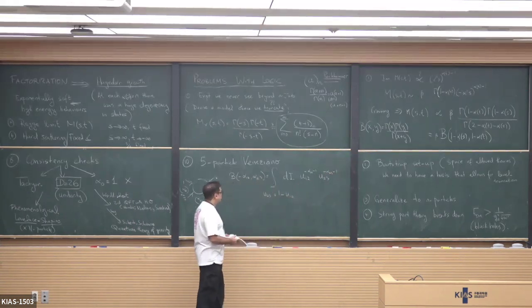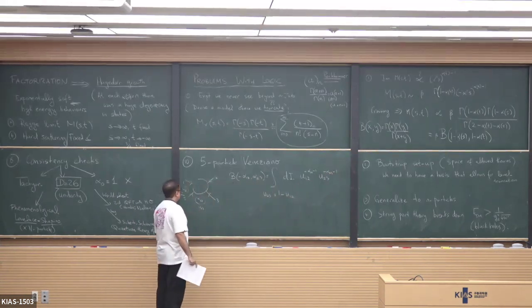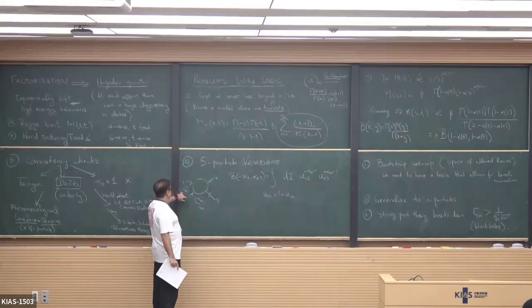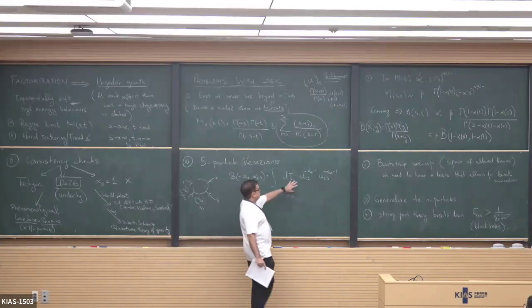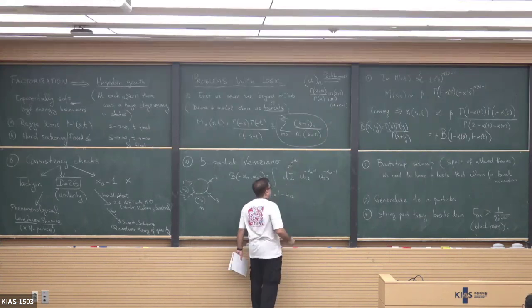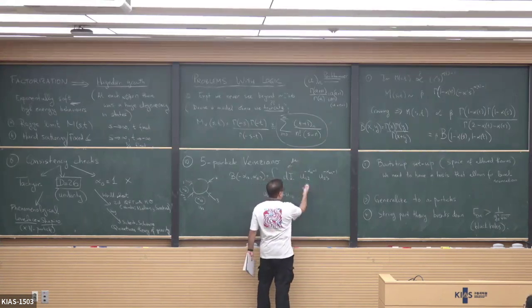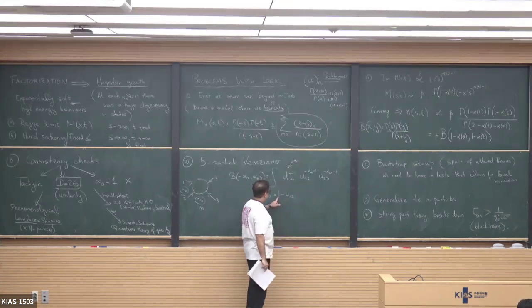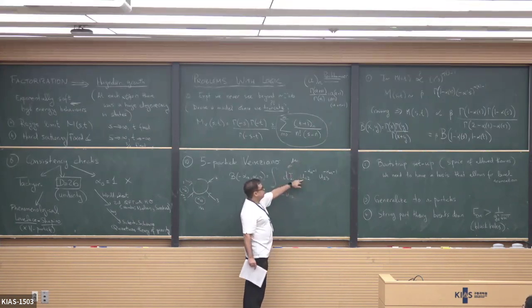And the reason why you have this condition is because you don't want simultaneous poles in the variables alpha 1, 2 and alpha 2, 3. So imagine that this was an integration of a dU12, and U23 was related in some way such that it did not go to 1 when U12 went to 0, then that would actually correspond to a potential extra pole in the variable U23 as well.